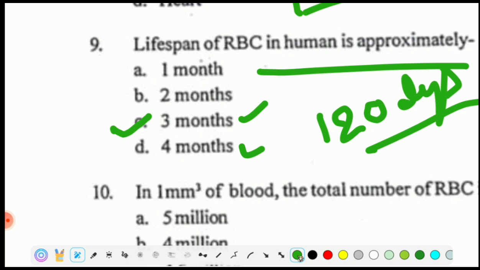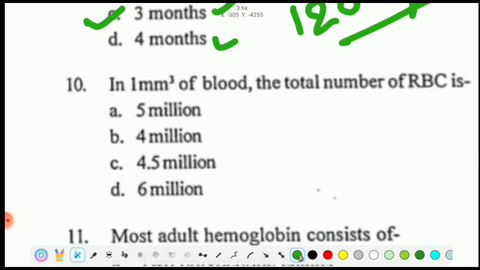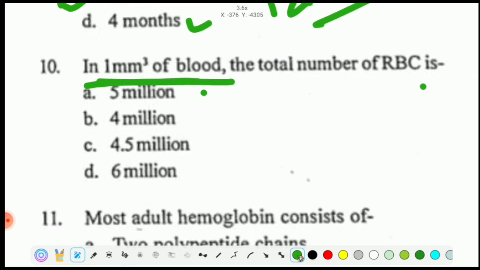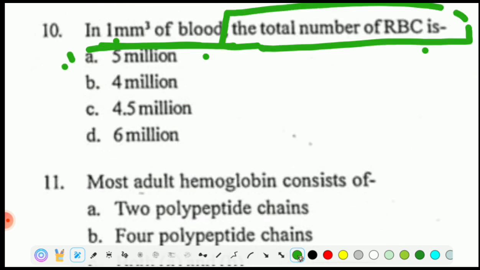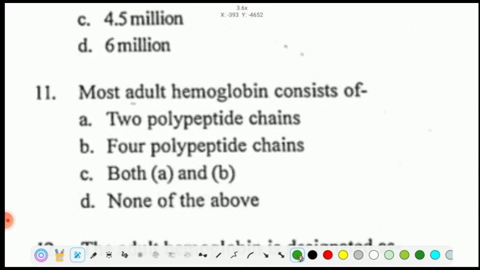If you have 1 millimeter cube of blood, then the total number of RBC there would be approximately 5 million RBCs. Then most adult hemoglobin consists of 4 polypeptide chains.